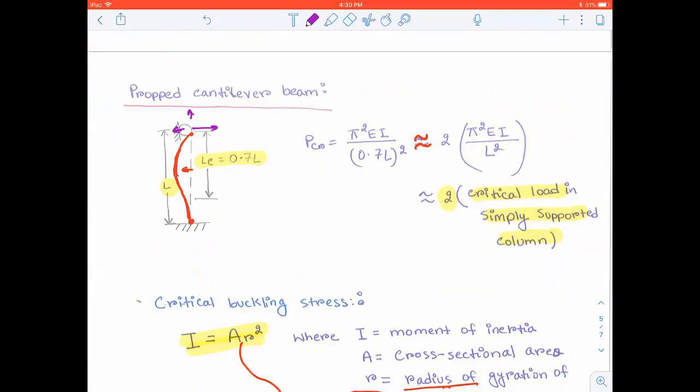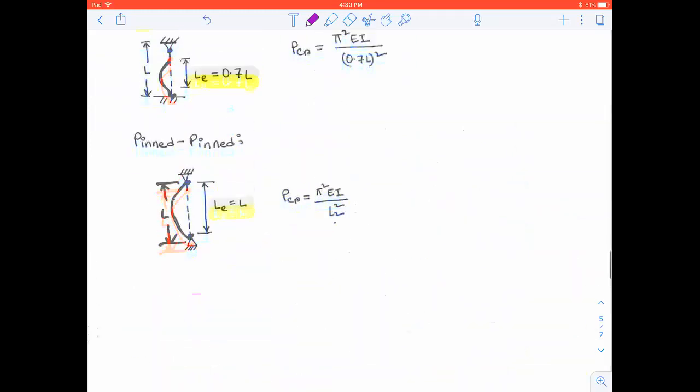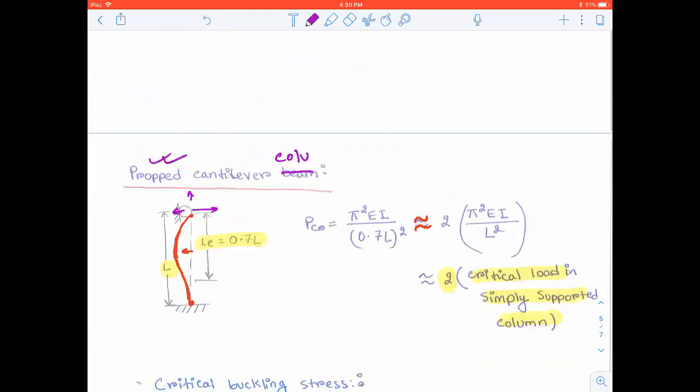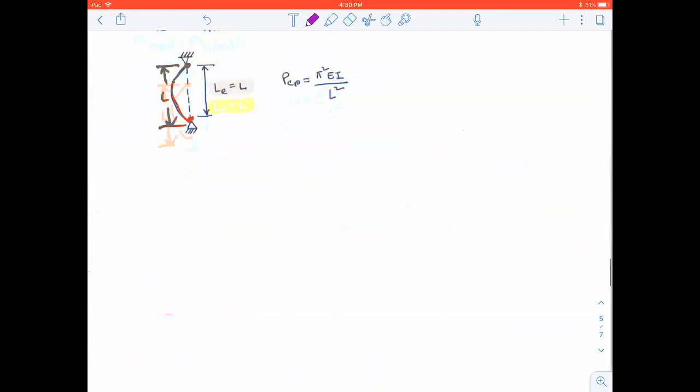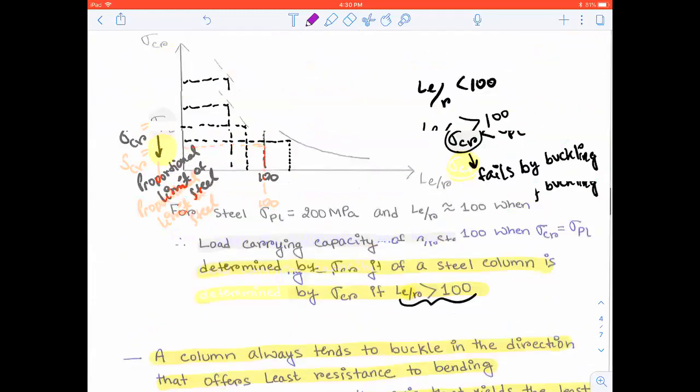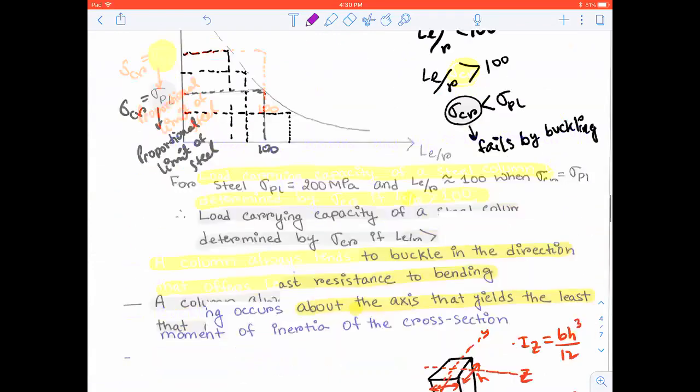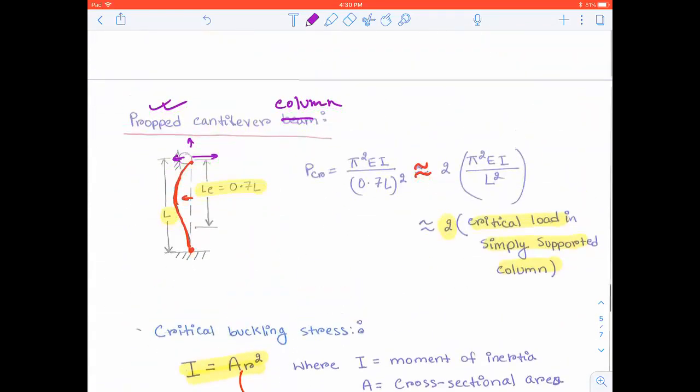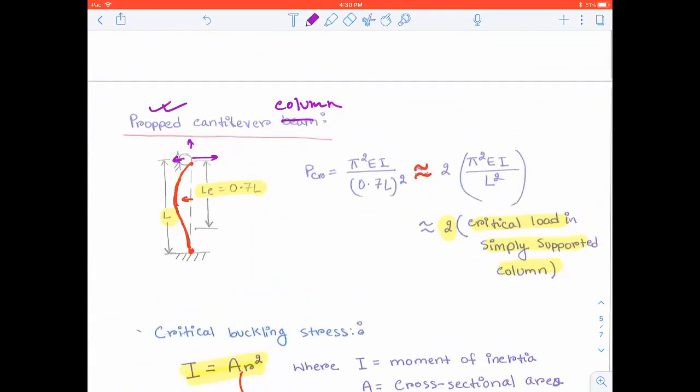So one direction is restrained, but the other is not. That is called a propped cantilever beam, or rather cantilever column. It should be a propped cantilever column, but online they talk about a propped cantilever beam when they actually mean column.